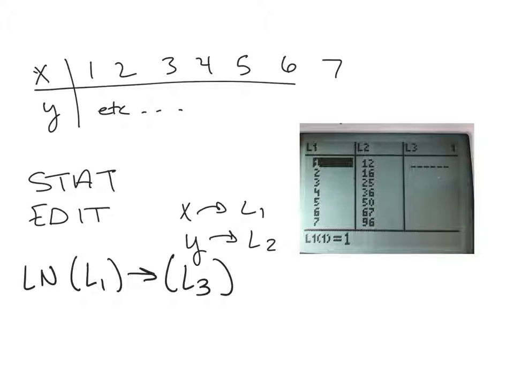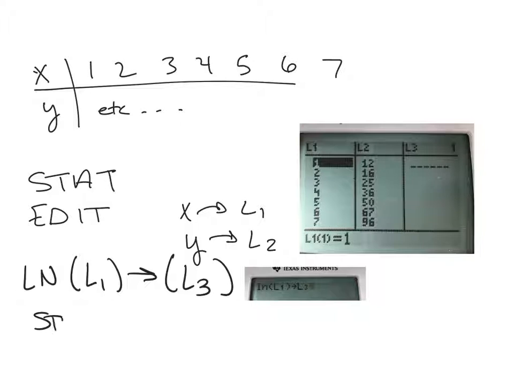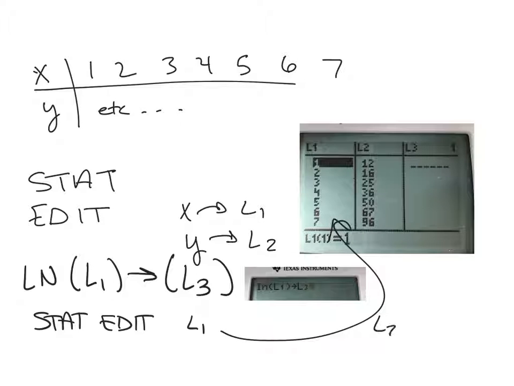So I did the log of L1 and stored into L3. If you hit the stat button and then edit, you'll see L1 looks like this, L2 looks like this, and then L3 is going to be the log of L1, and I'll have all that data here.